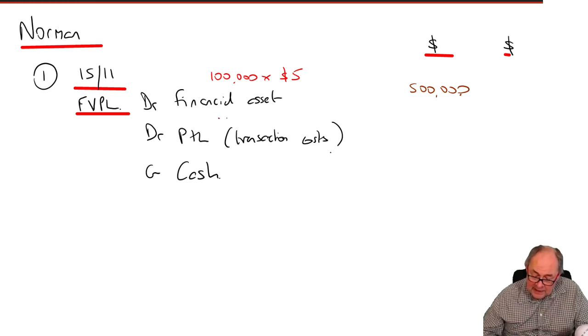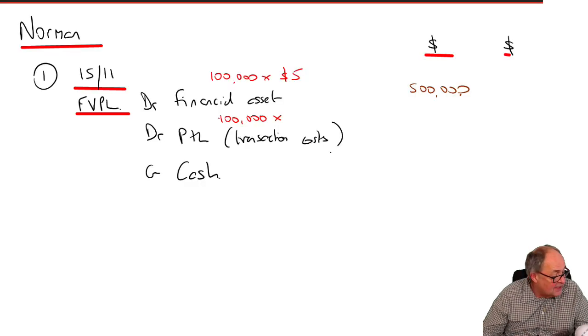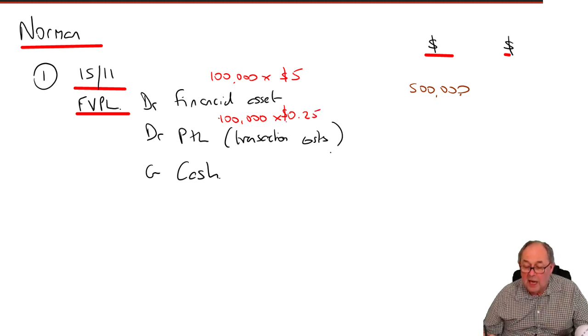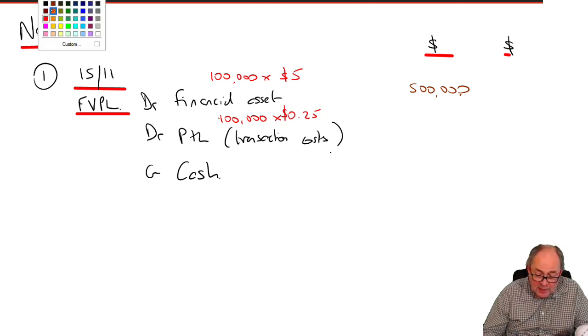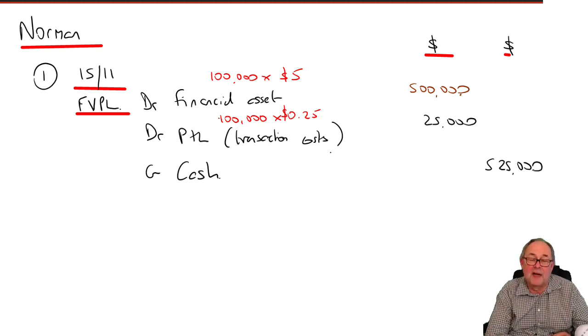Well, it's 100,000 shares. The transaction costs on each of those shares is 25 cents. So 100,000 times 25 cents would be 25,000. Cash, of course, is the other side, 525,000.